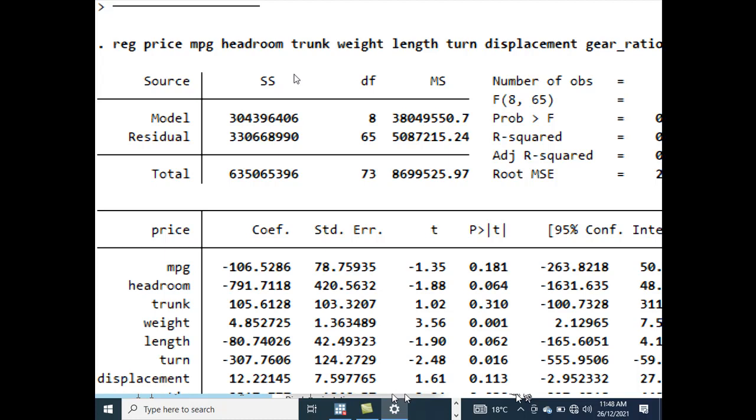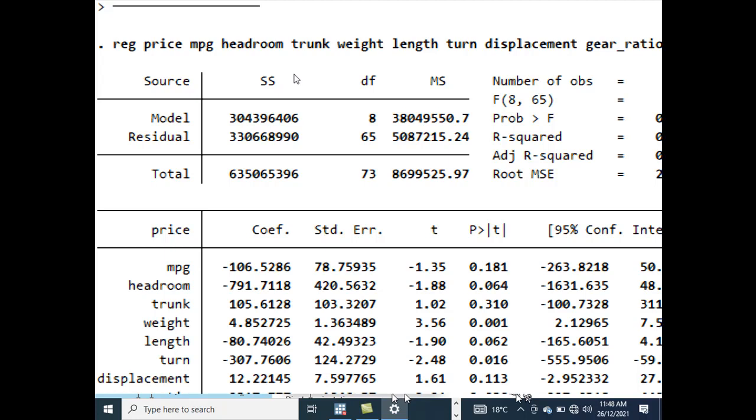What is the joint effect of these 8 X variables on price of a car, right? Irrespective of कि किसका ज़्यादा है किसका कम है, फिलहाल उसको छोड़ दो. What is the joint effect of all these 8 explanatory variables together on the price of a car?